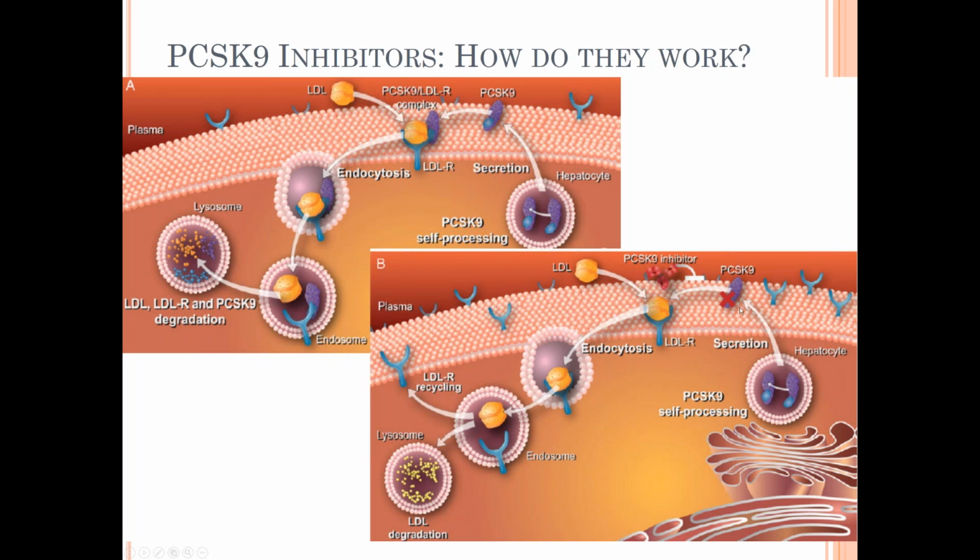If the PCSK9 molecule is not attached to the LDL receptor, it will then take in LDL molecules, and that specific receptor would then be recycled. So the monoclonal antibody basically inhibits the attachment of PCSK9 to the LDL receptor. Therefore, you would have more LDL receptors to take up LDL molecules, taking LDL away from the serum.